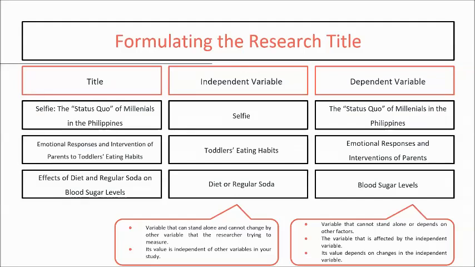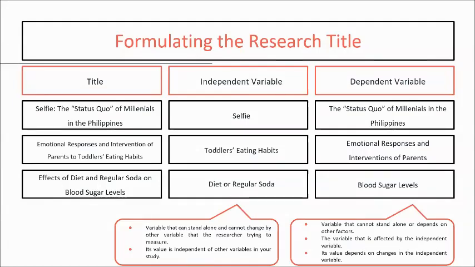So, when you are writing a research paper or a research title, see to it that you have independent variable and dependent variable. Okay? So, again, in every research title, there should be an independent variable and dependent variable. Okay, so see the difference? So let's proceed.